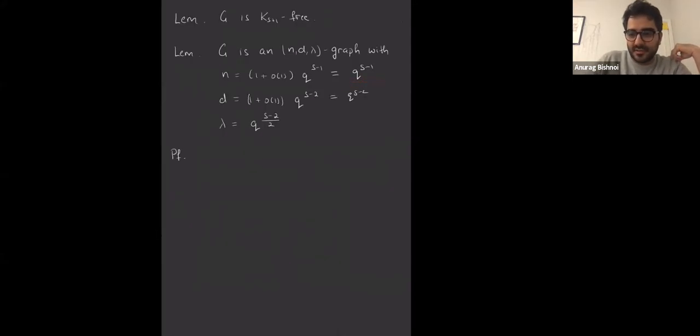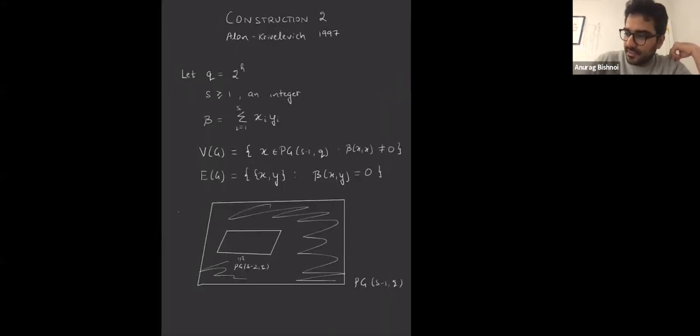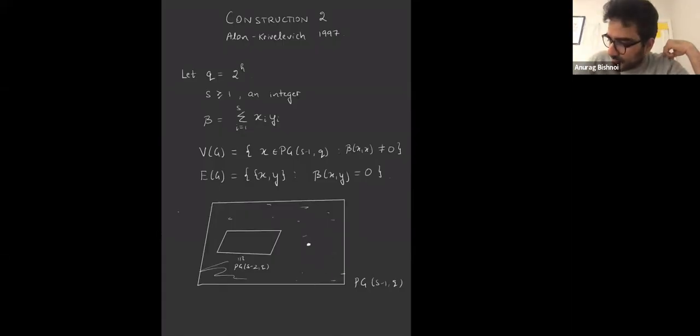What about the degree? Well, now if you take any non-isotropic point x, then x perp is just another hyperplane.